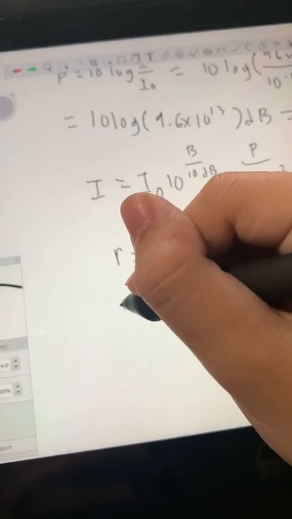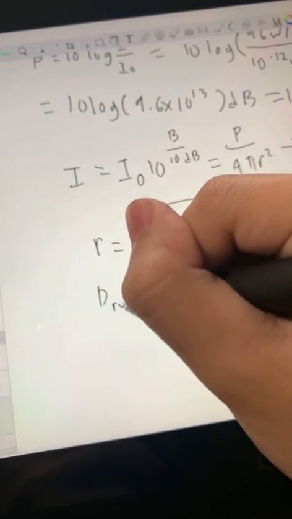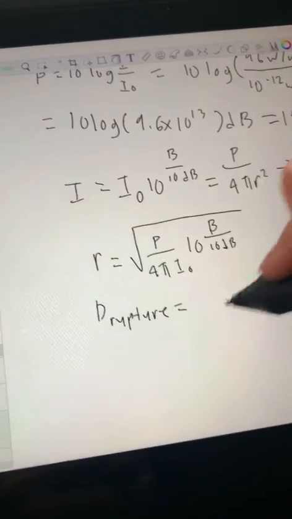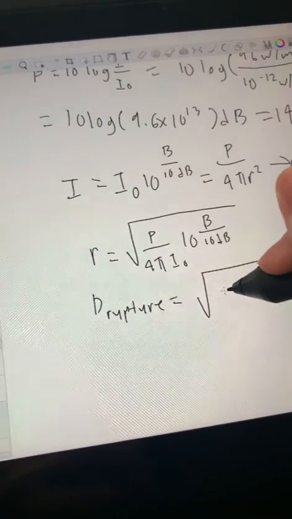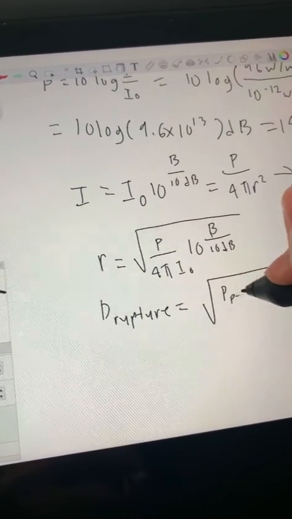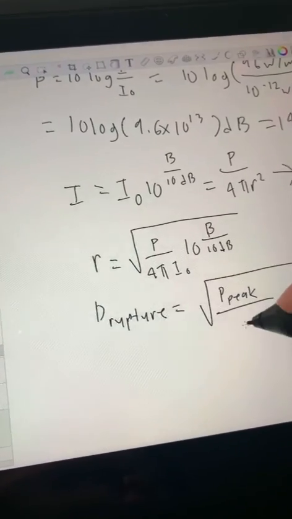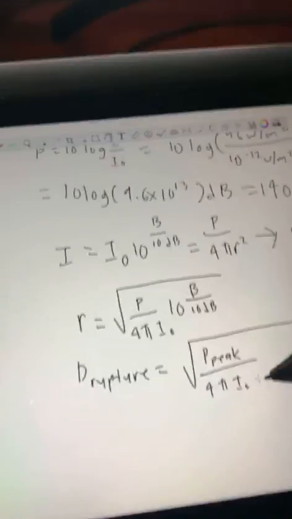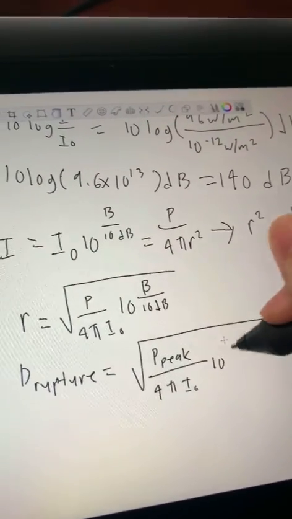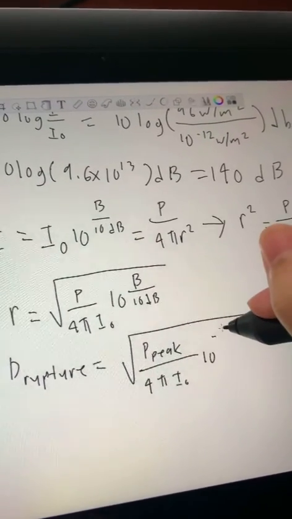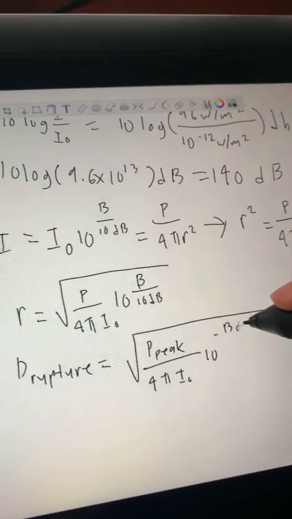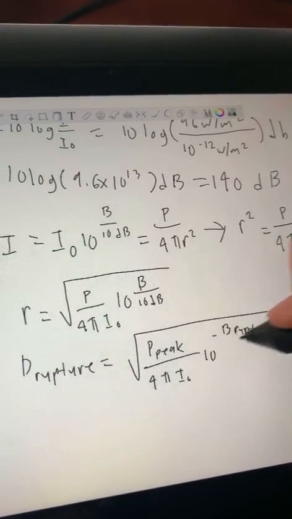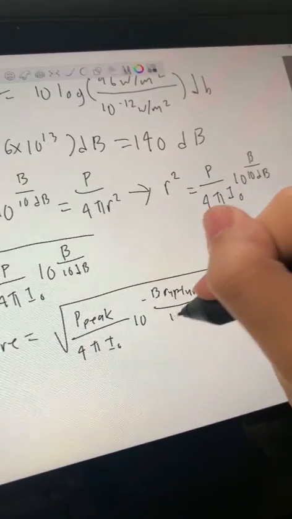So we can do D rupture equals the square root of P peak over 4 pi I0, times 10 to the power of negative beta rupture over 10 decibels.